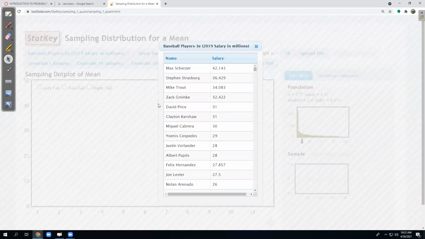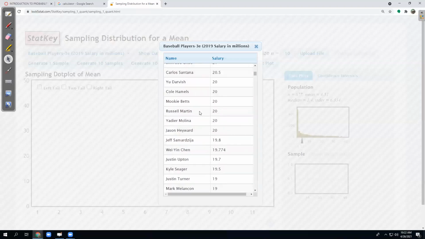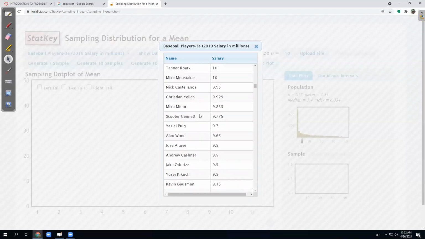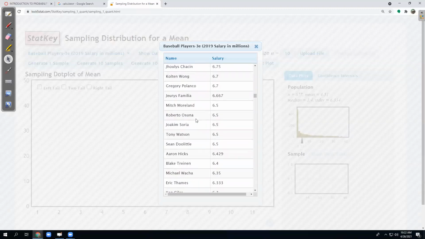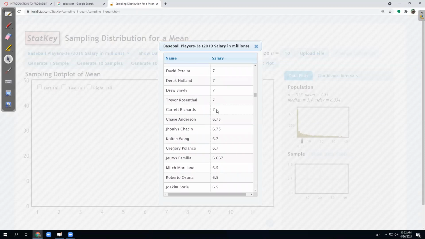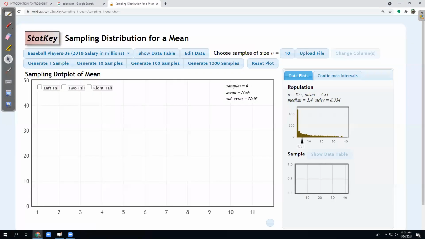If I grab the data table, this is every Major League Baseball player in 2019. So if we see a number like 7 for Garrett Richards, that means Garrett Richards made about $7 million just off his baseball salary in the major leagues in 2019. If I look at the summary over here for the population, and again, this is a population because I have every Major League Baseball player that was playing.